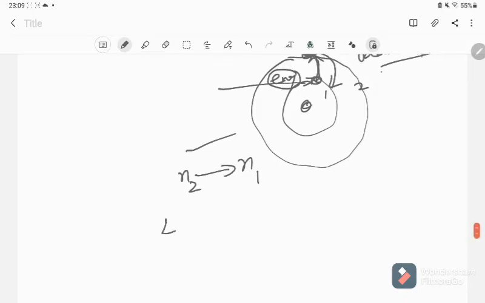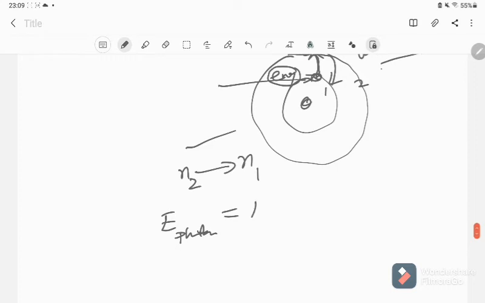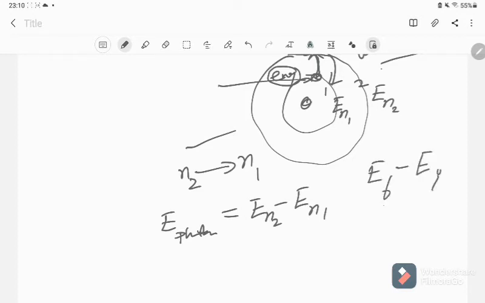So the energy of the photon, E photon, equals the difference of these energies: En2 minus En1. I have given it as E final minus E initial, like this.